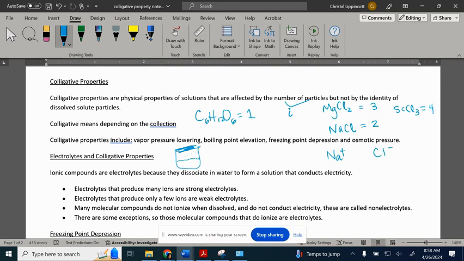Okay? It's going to interfere with how much goes up into the vapor form. You're going to have boiling point elevation, so things will boil at a higher temperature. Freezing point depression, things will freeze at a lower temperature.